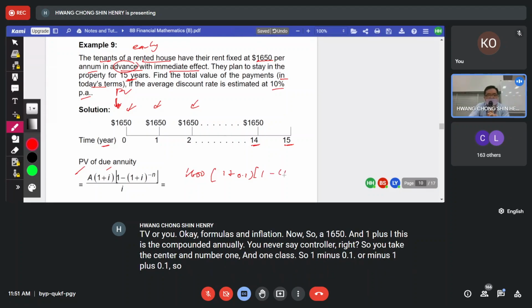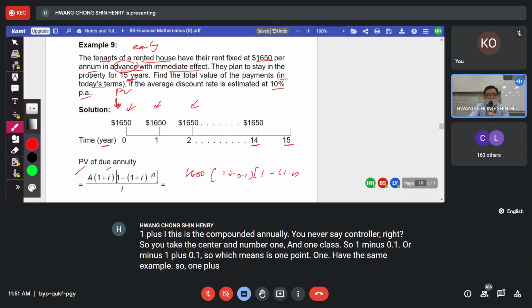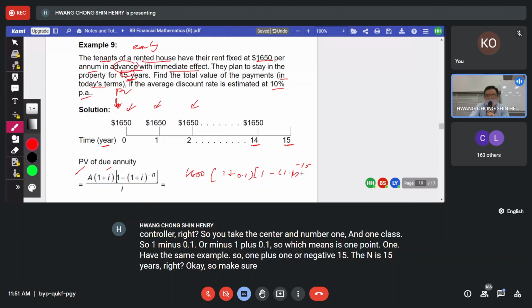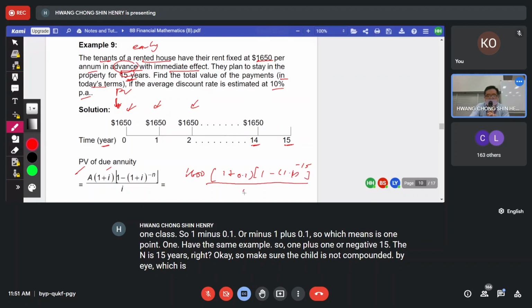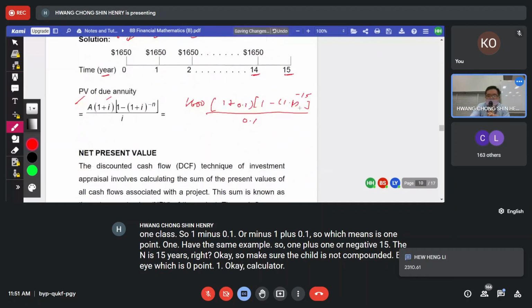So which means 1.1. 10% is 0.1. So 1 plus 0.1, 1.1, power negative 15. The n is 15 years, right? Okay. So make sure you check it's not compounded. Divided by I, which is 0.1. Okay, calculator. What do you get?